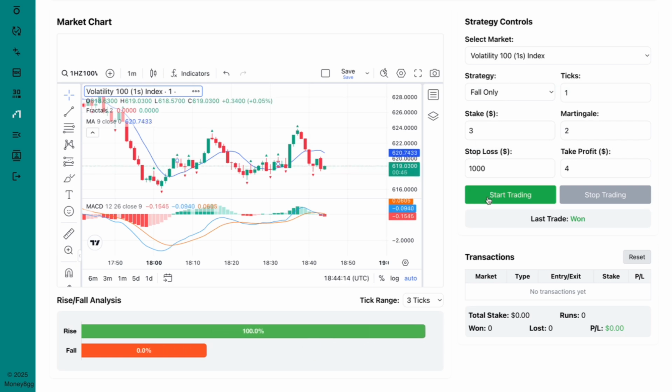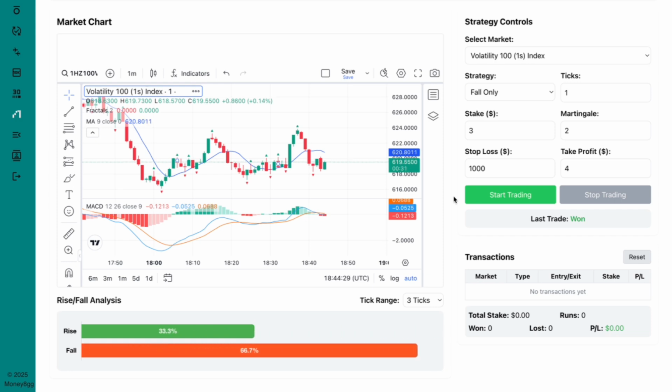Now this is turning. So that candle is at 37 seconds. 34, 33, 32, 31, 30, 29, 28, 26.